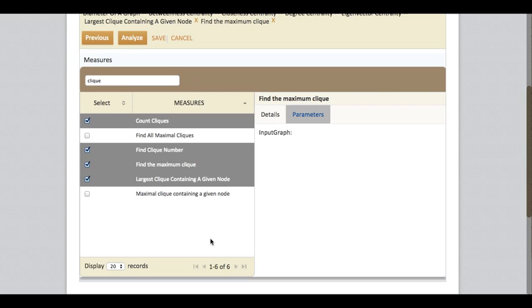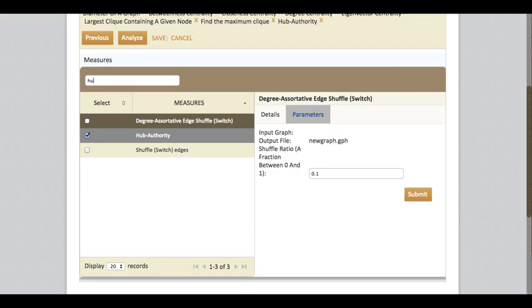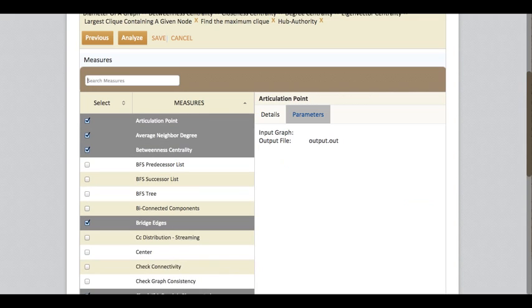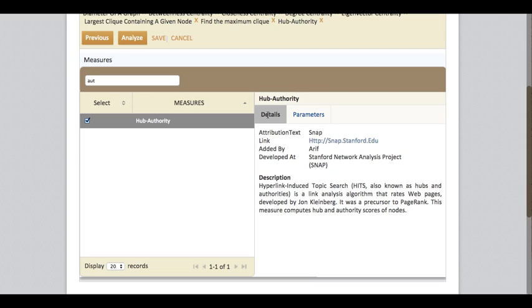And then I need to determine the authority and hub scores of all the nodes, as well as the page rank.